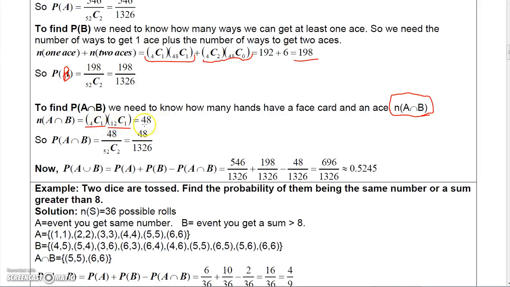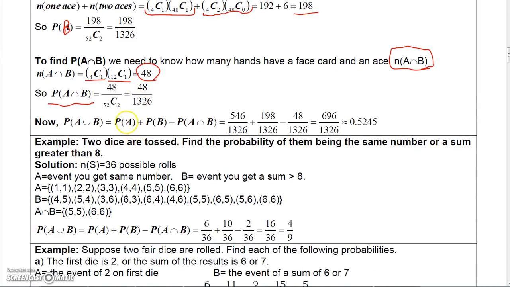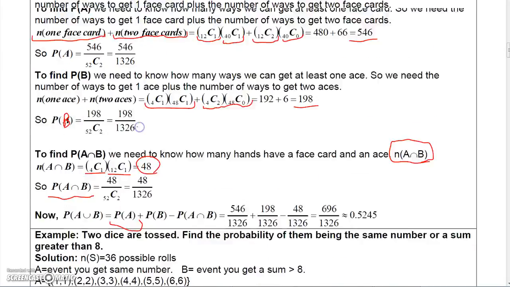Multiply those together, and that tells you that there's 48 ways to get a hand that has a face card and an ace in it. So the probability of getting a hand that has a face card and an ace in it is 48 out of 1326.